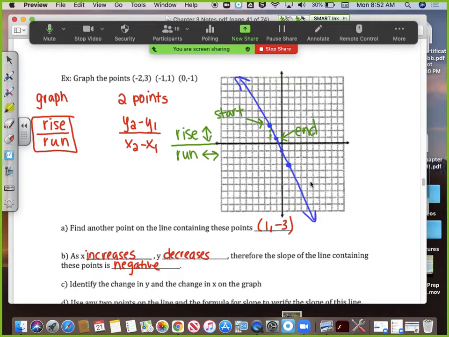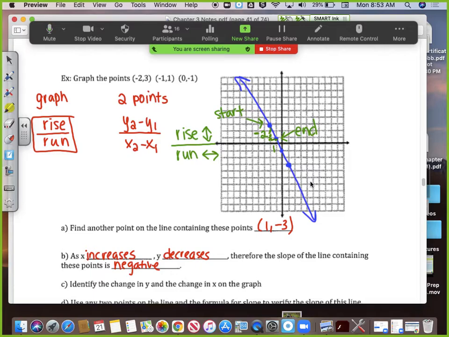You start at your starting point here, and then you go down 1, 2. Going down is a negative movement, so this would be representing a -2. Then you figure out how much you have to go over. To get to that next point, the end point, we only have to go over 1 unit. So we had to go down 2, and we had to go over 1 unit.